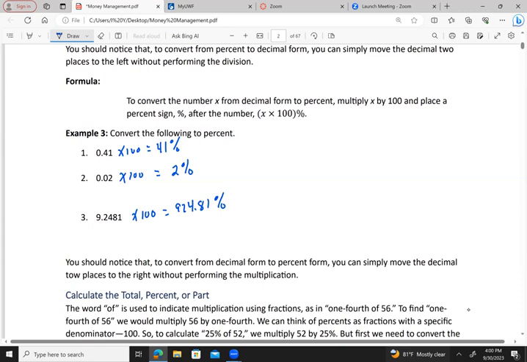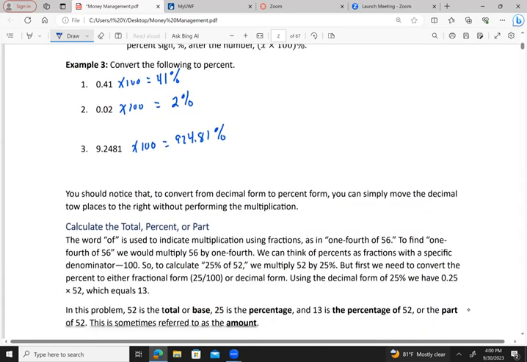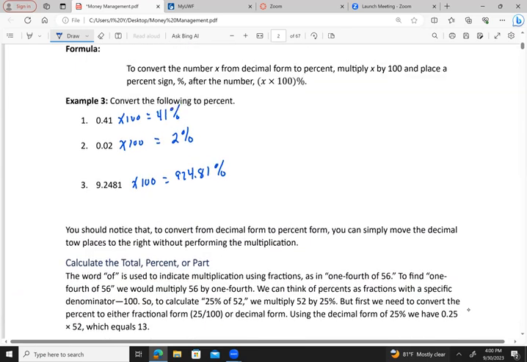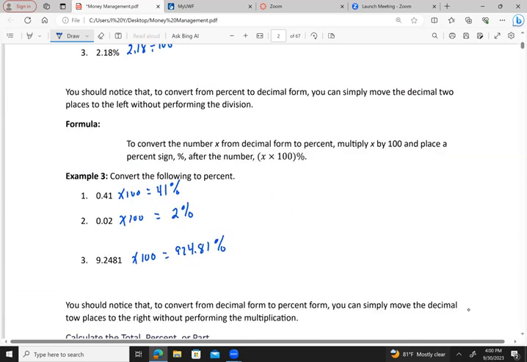Again, you should notice to convert from decimal to percent, you simply move the decimal 2 places to the right without performing a multiplication. So from percent to decimal, you move the decimal 2 places to the left. From decimal to percent, you move the decimal 2 places to the right.